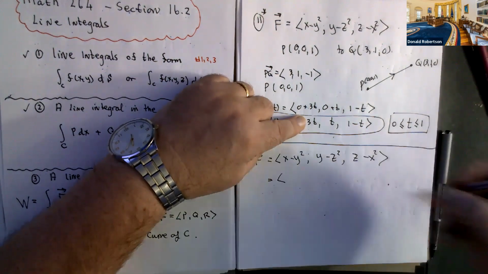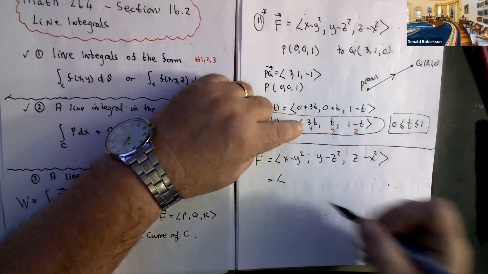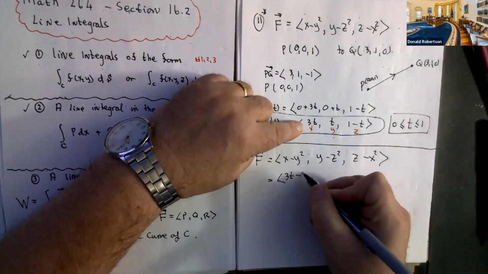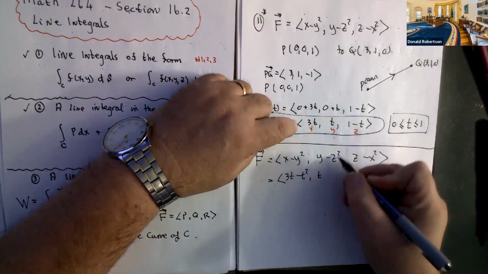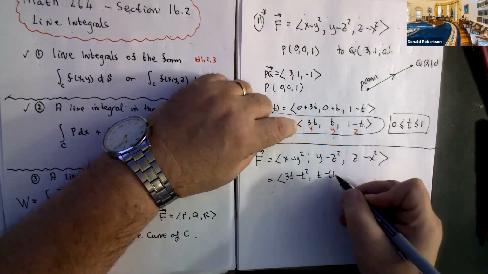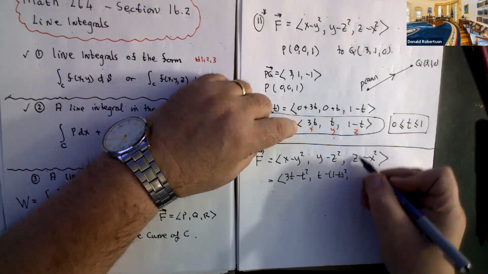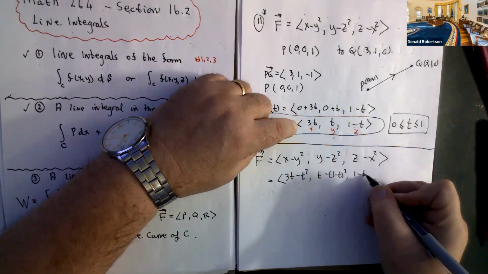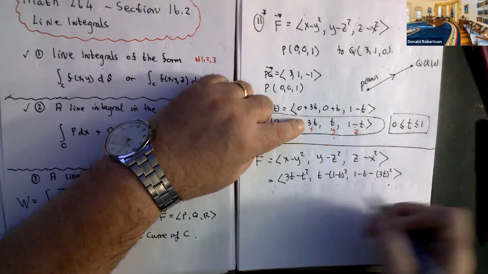A little reminder: x, y, and z. x is 3t take away t squared. y is t take away that squared. And this one is 1 minus t, take away that squared.